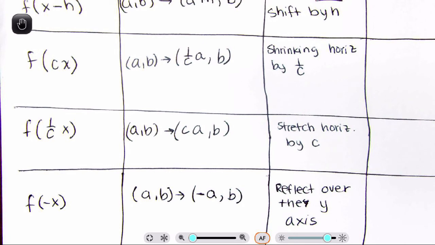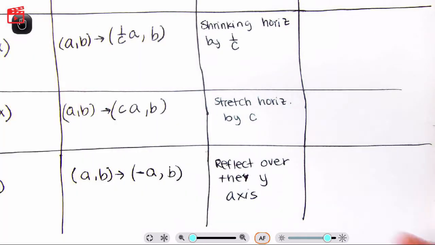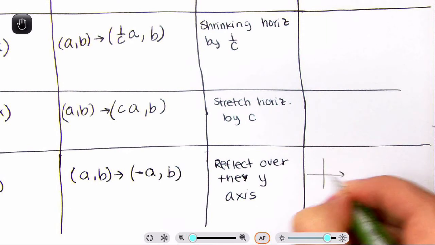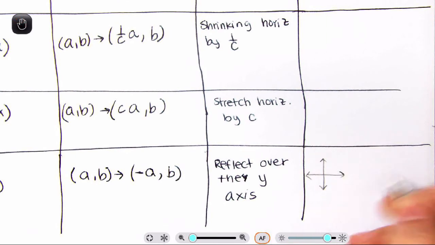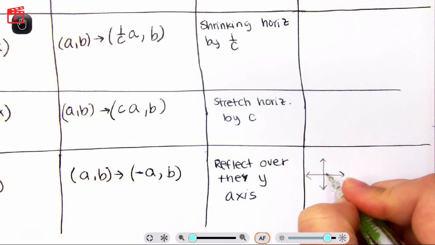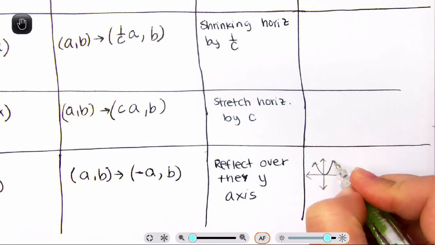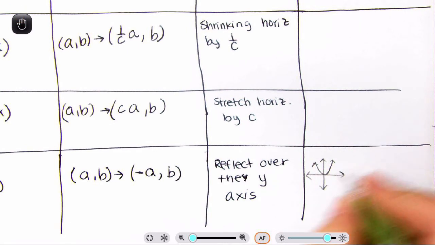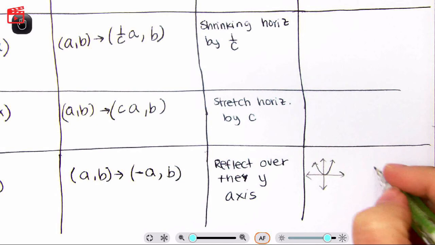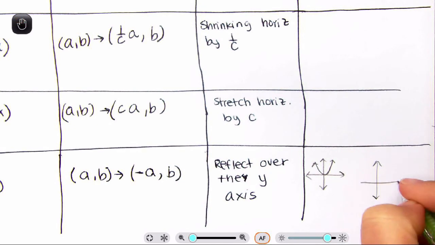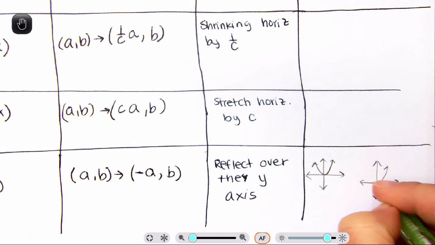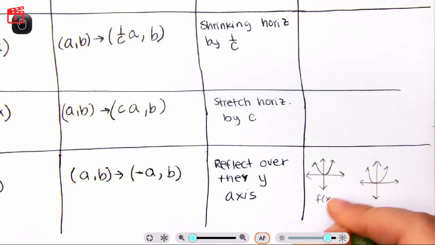So let's jump in with examples here. Let's do the parent function as a quadratic, just x squared. So if we have this one here as my parent, and we reflect over the y-axis, it stays exactly the same. Nothing changes. So if this is f of x, this is my parent, this is my reflection.